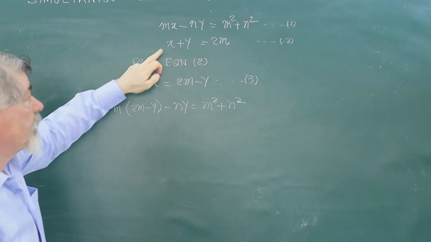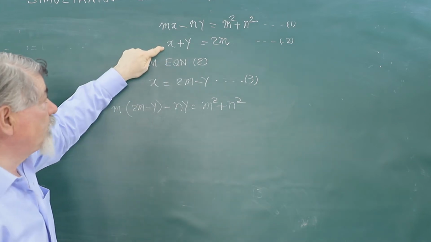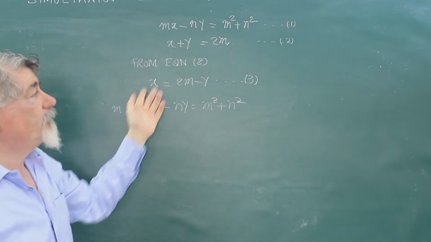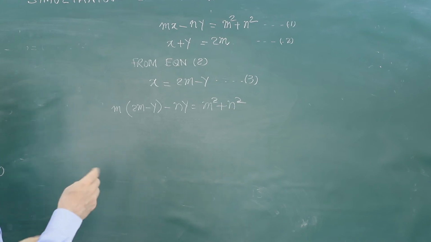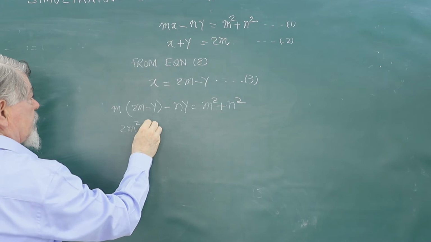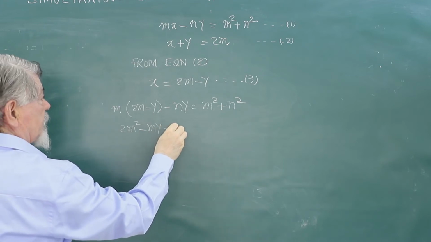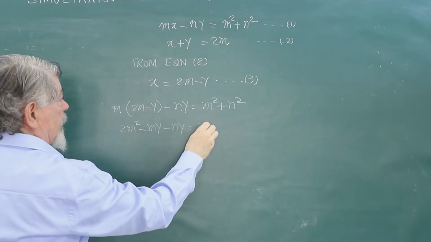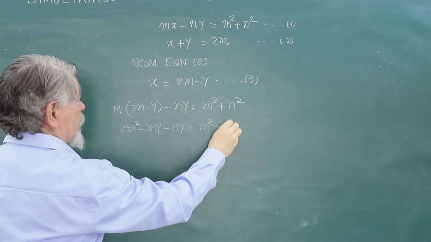I've chosen to take out the value of x in terms of y from the second equation, so I will substitute in one equation. It will become 2m square minus my minus ny is equal to m square plus n square.